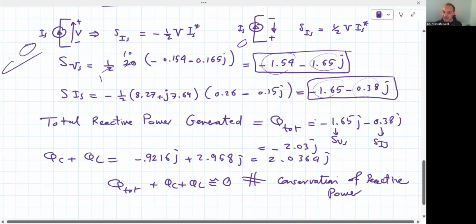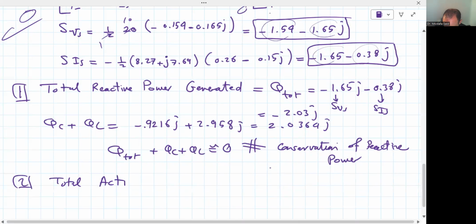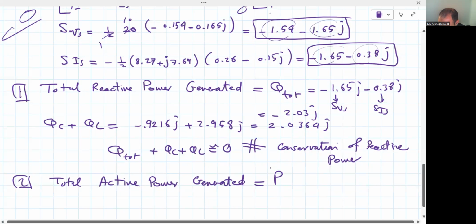Let's do the same for the active power. Number two, the total active power generated, let's call it P total.